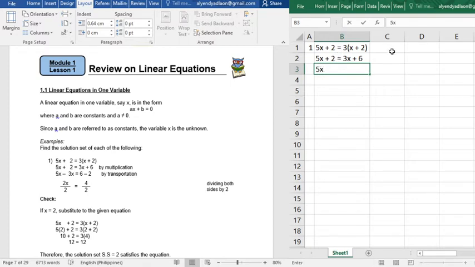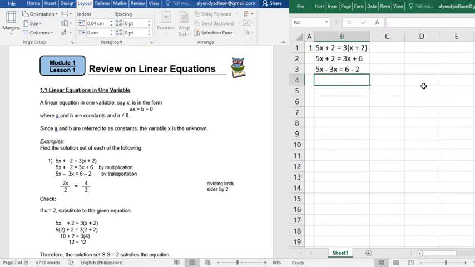Now take note, class, that if you are to transfer or transpose a number, the sign that you're going to use will now be the opposite sign. So from positive 3x, it will now become negative 3x. And then next, we copy 6, and also this 2 will be transferred to the right side of the equation. So from positive 2, it will now become negative 2.